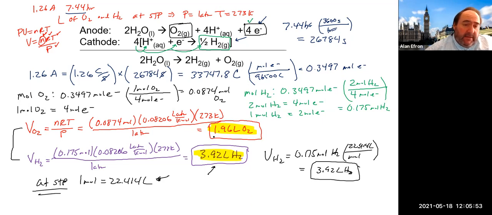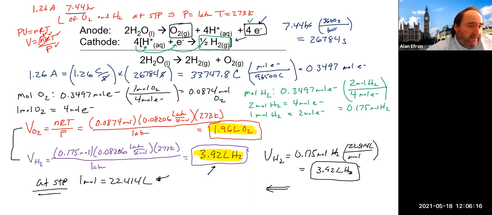I would say the third type of electrolysis problem is kind of working backwards. Like you're told, hey, you ran this cell for a certain amount of time at 1.26 amps, and you collected 50 grams of calcium or something like that.